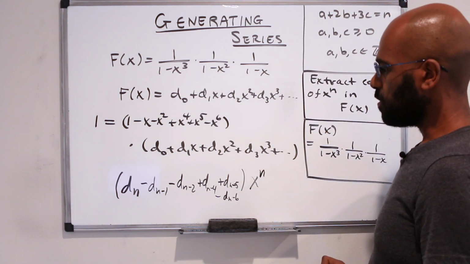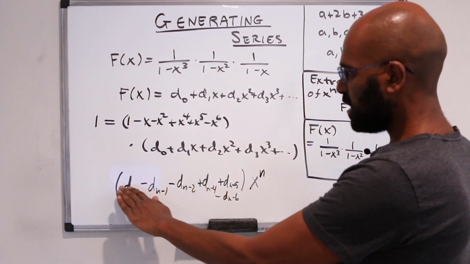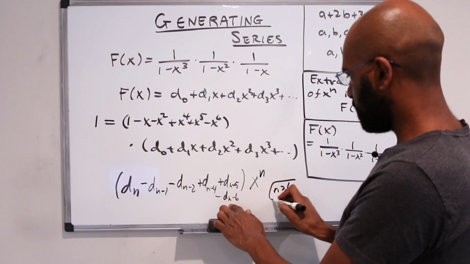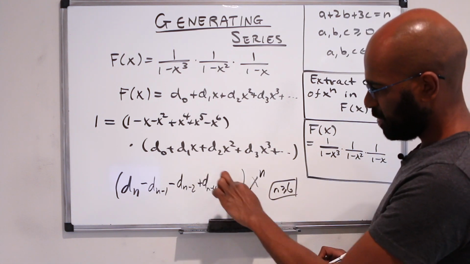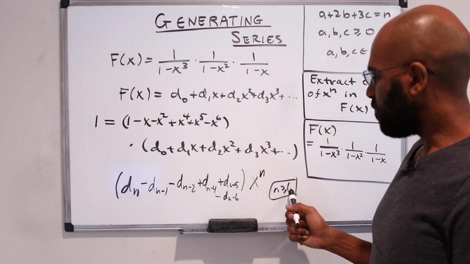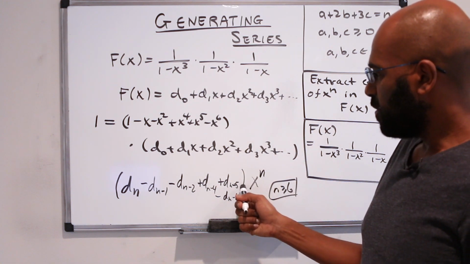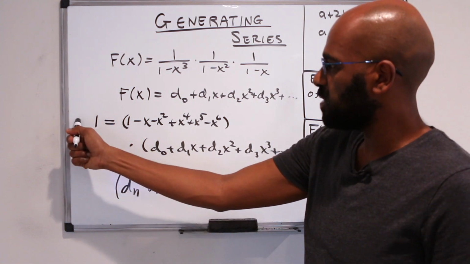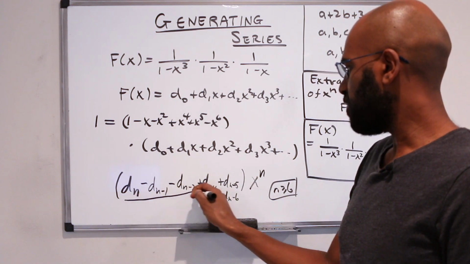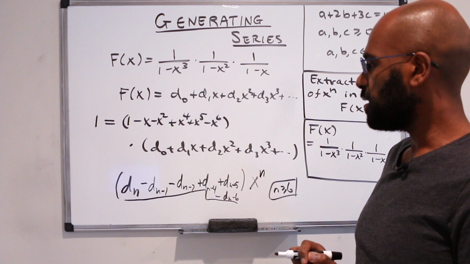Now you notice here that we'll see this term whenever n is greater than or equal to 6, because when n is less than 6, we won't be able to write all these things down. Okay, but for n greater than or equal to 6, this coefficient of the series on the left-hand side is 0. So that means that this expression right over here has to be identically 0.